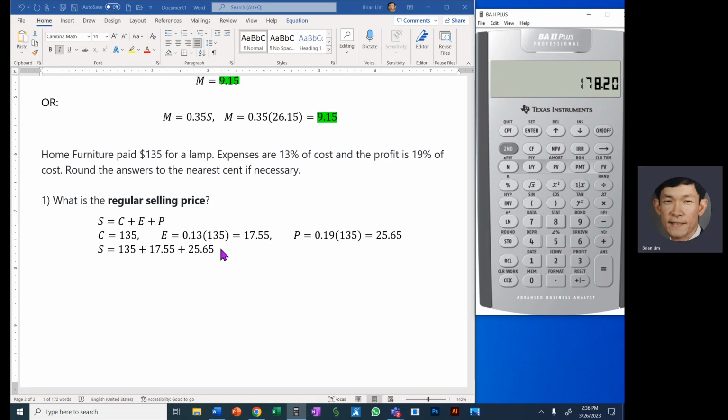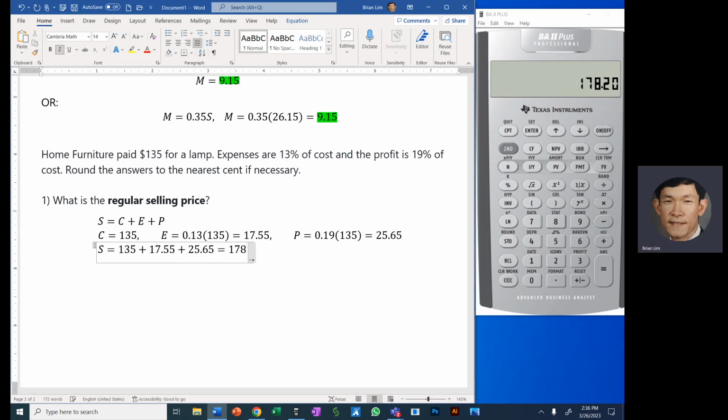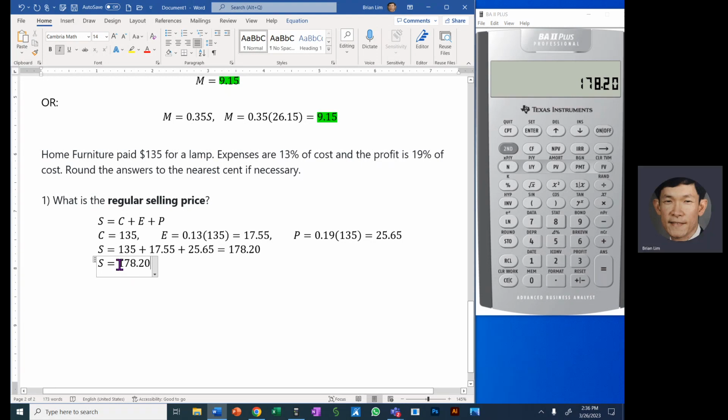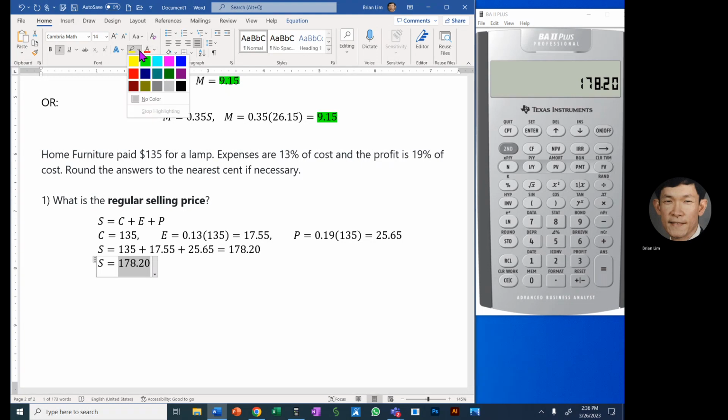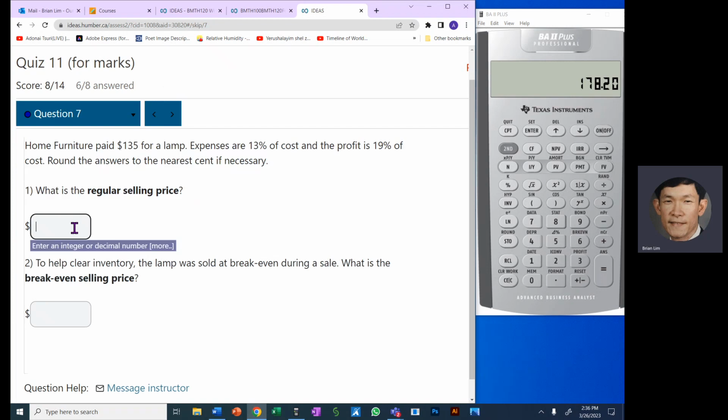And that's 178.20. So S is equal to 178.20. And there we are. That is the answer. We go to the answer box. We enter it, 178.20. All right.